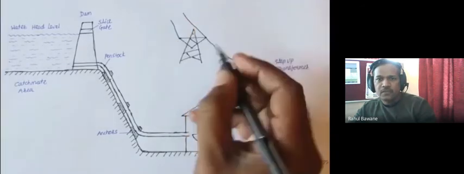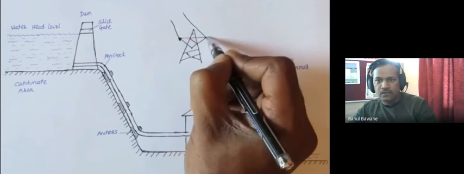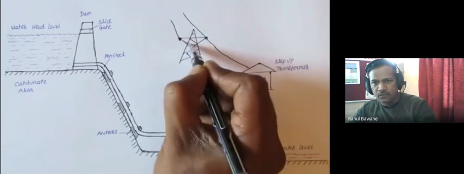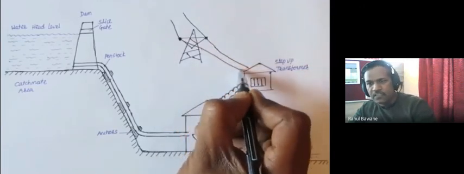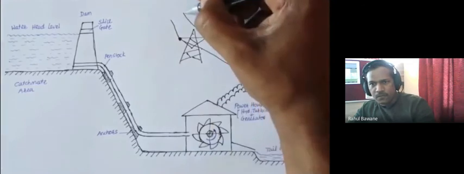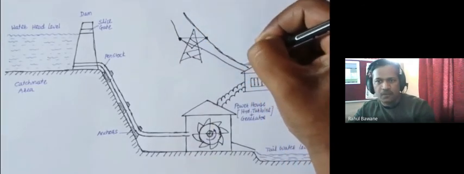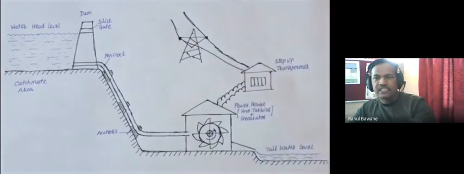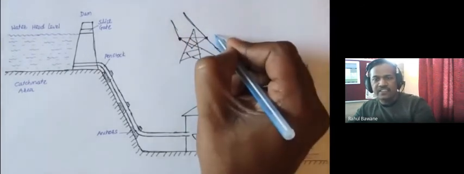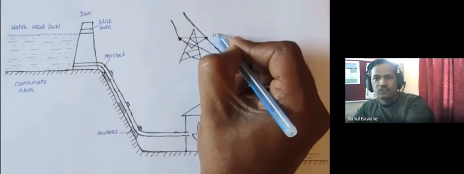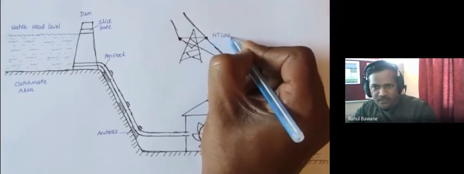Because the voltage for our domestic purpose at home is 230 volt. But if you observe any high tension transmission line tower, there is a skull kind of picture, and it is written 44,000 volt. That is a very high tension transmission line.